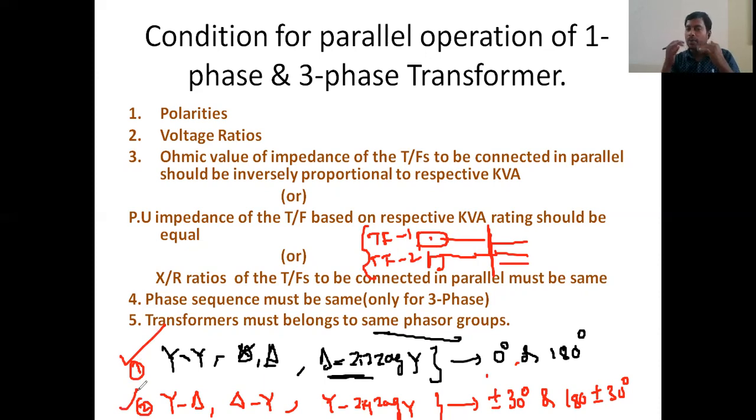So that means we can connect a star-star transformer with another star-star transformer, or a delta-delta transformer, in parallel, but a star-star transformer and a star-delta transformer cannot be connected in parallel. That is the fifth point. The transformers to be connected in parallel must belong to the same phasor group.